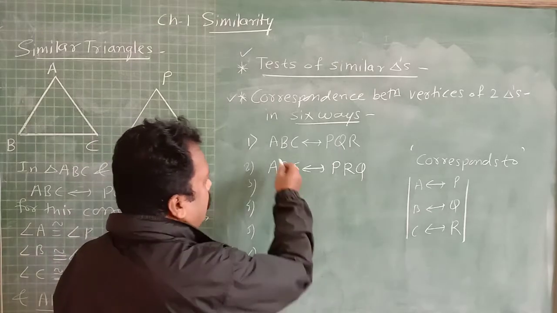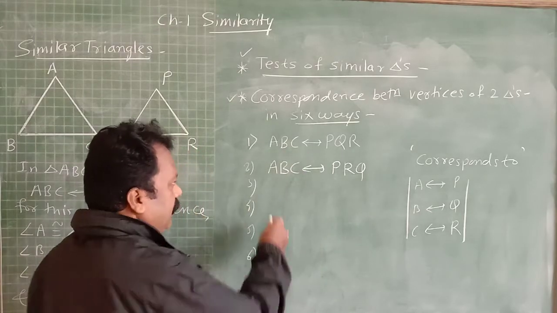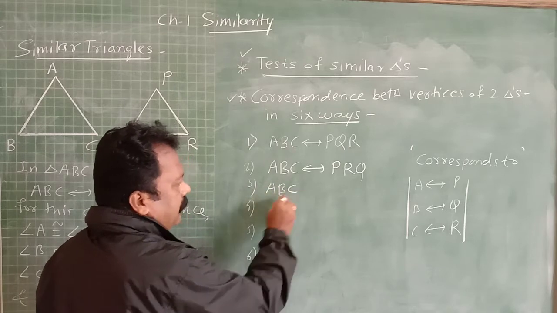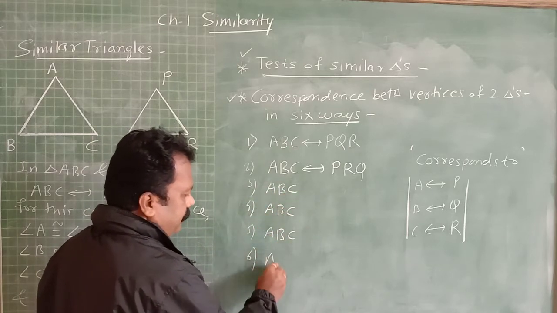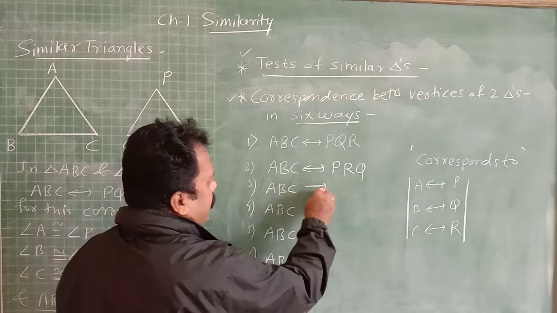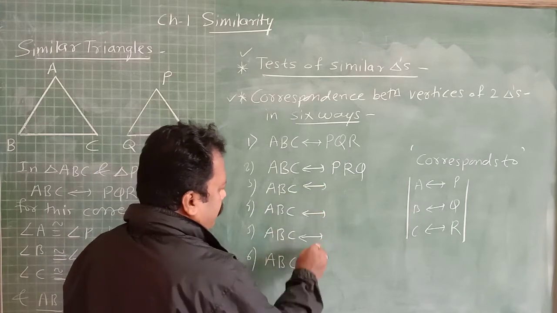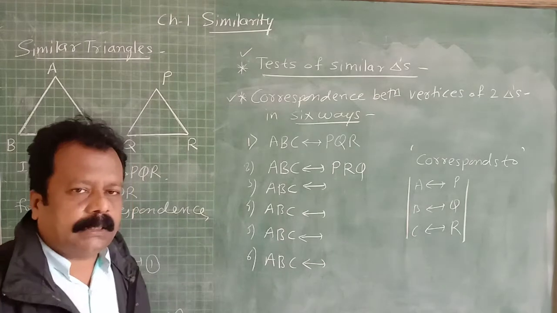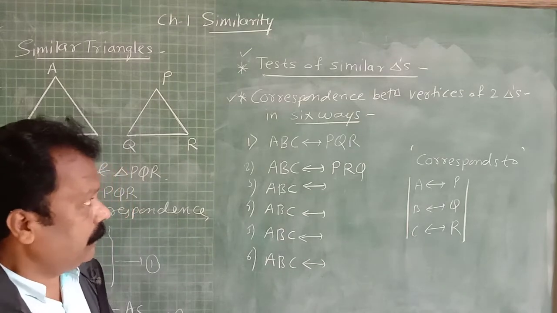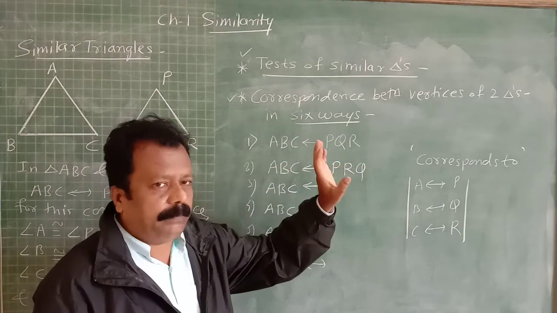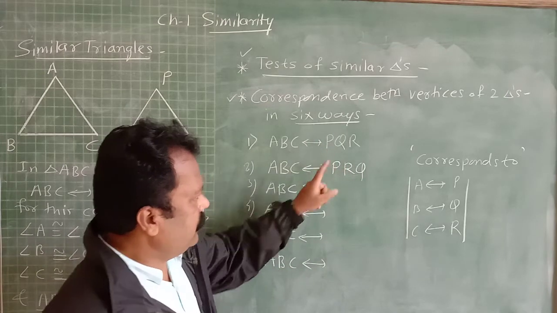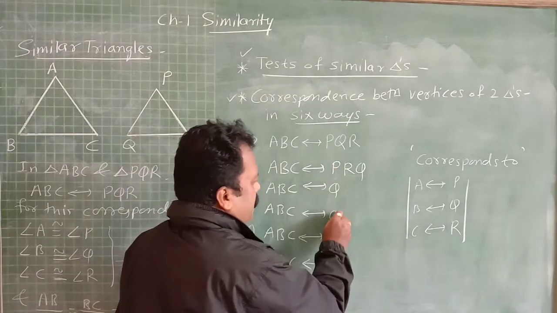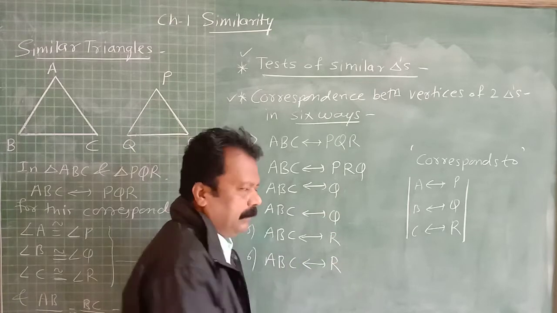See, 3 alphabets are there. I am keeping all alphabets of the first triangle as they are. Now, for the second triangle, 3 alphabets are there. Each alphabet gets 2 chances: 2 times P, 2 times Q, 2 times R.